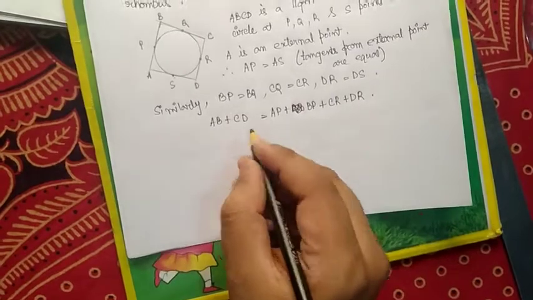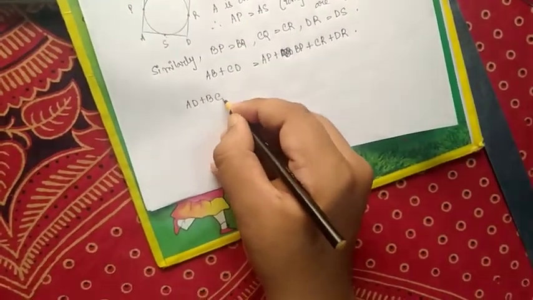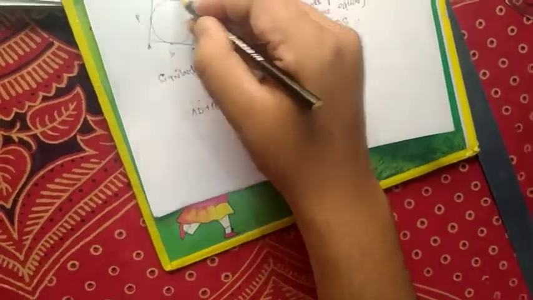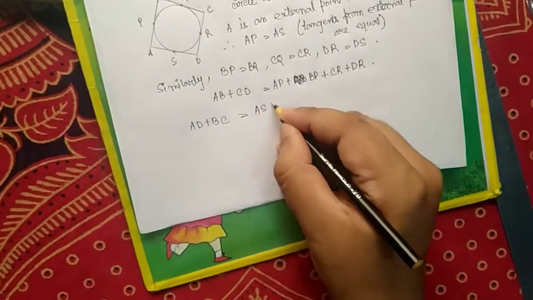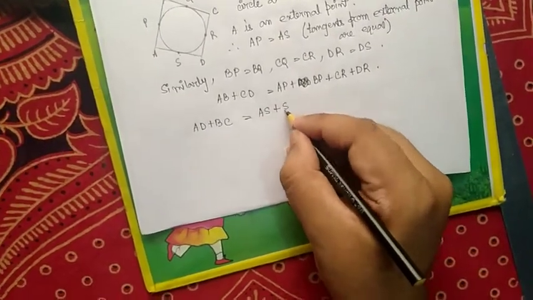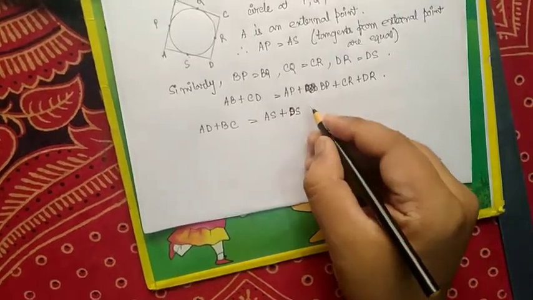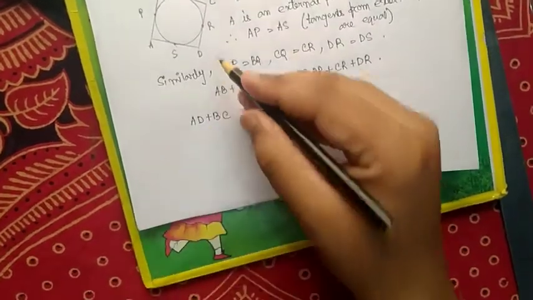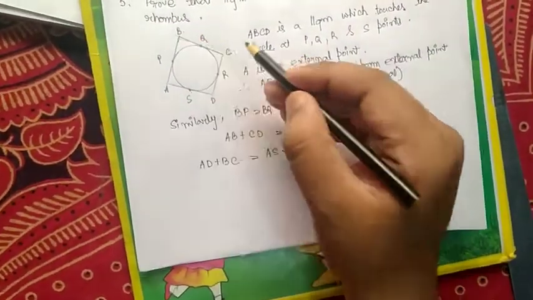Now AD plus BC. AD plus BC means AS plus SD or DS, plus BC means BQ plus CQ.